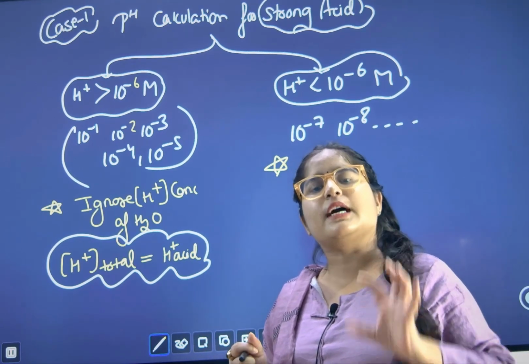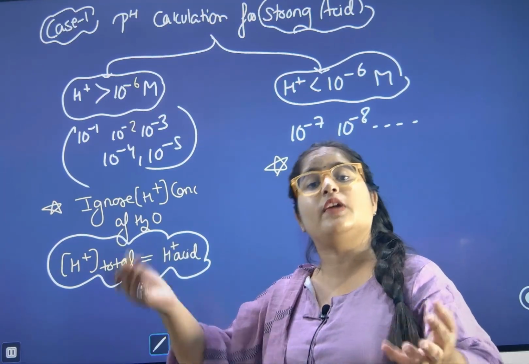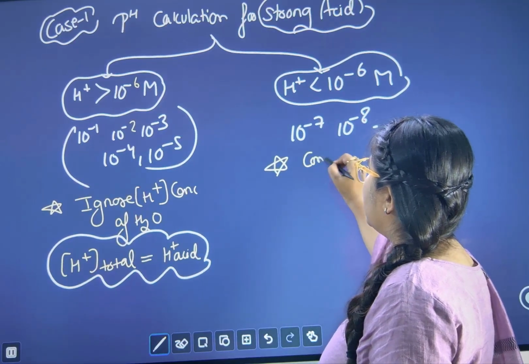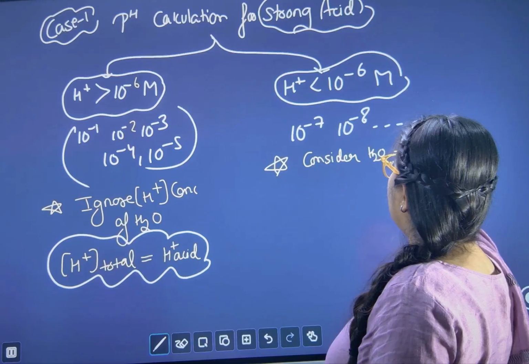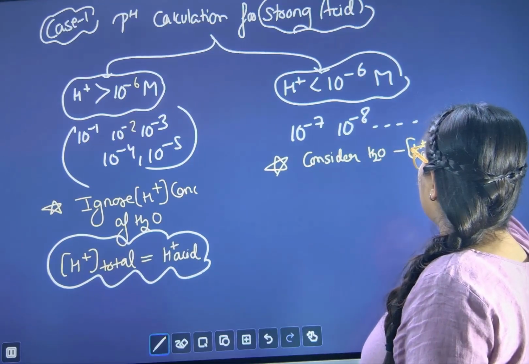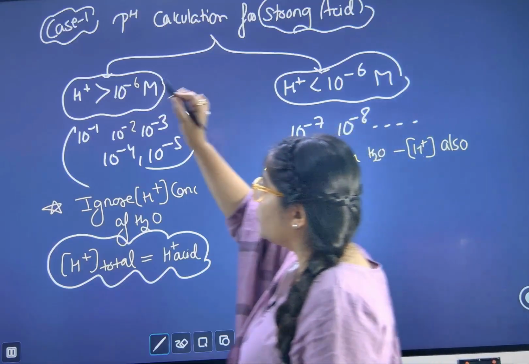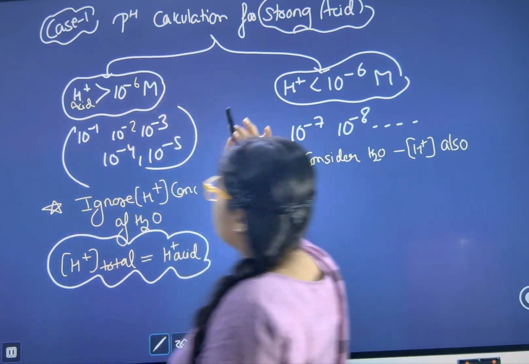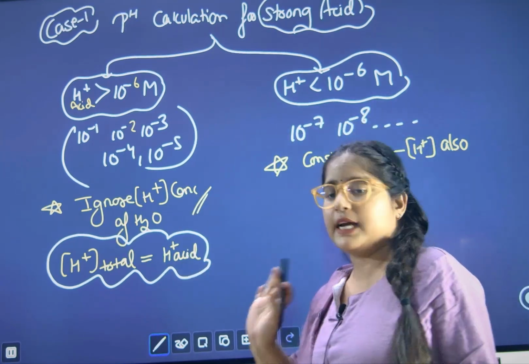So here we will consider H ion of acid as well as H ion of the water also. So here the star point is: consider water H ion also. When H ion of acid is more than 10 to the power minus 6, ignore water H ion. Answer will be only H ion of acid.